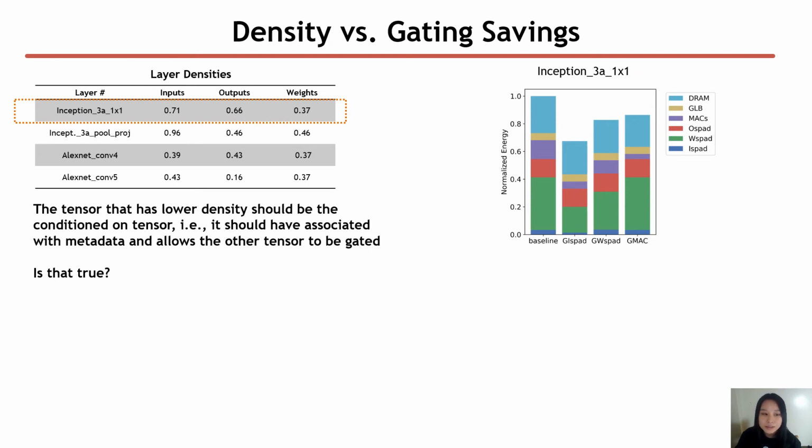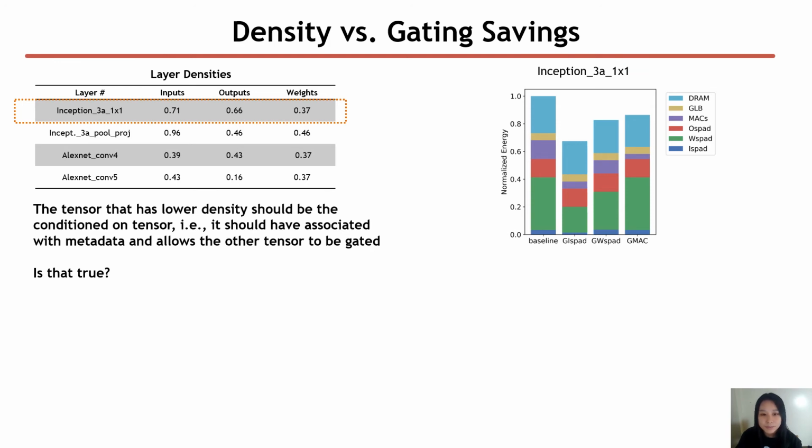And is this true? Does that mean that for all of the layers below, for sure the option where we gate based on a sparser tensor will give us better performance? For example, if we look at AlexNet Conv4, is it true that we should gate on weights in order to get better performance?